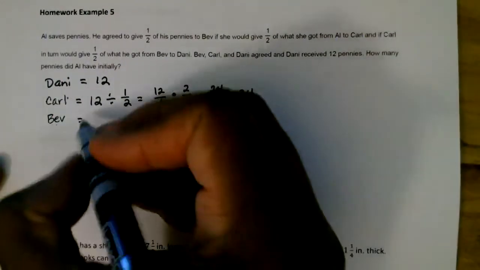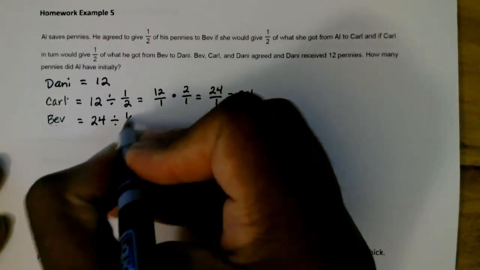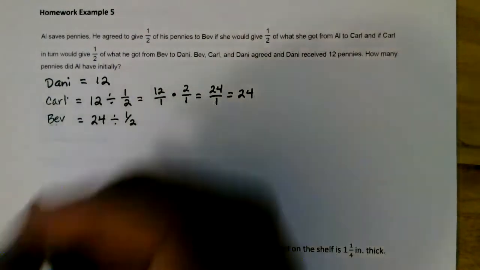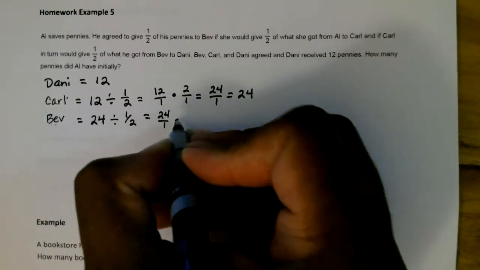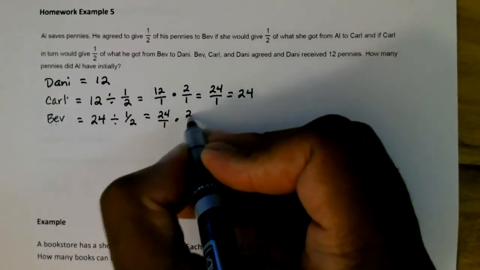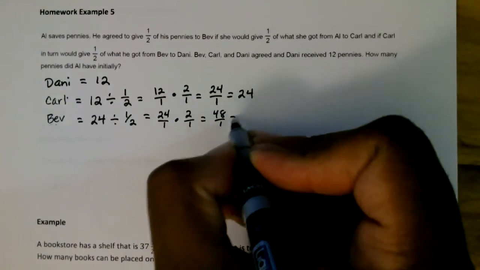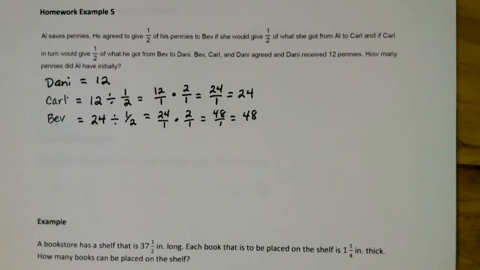All right, so if Carl had 24 pennies, we're going to divide that by 1/2 and do the same thing. 24 over 1 times the reciprocal of 1/2, 2/1. So this is 48/1, which is 48. So Bev had 48 pennies.